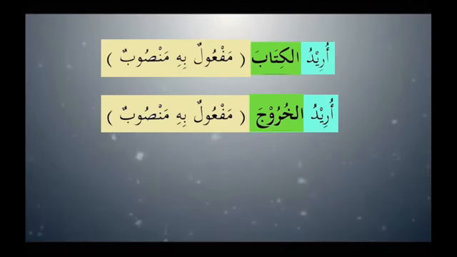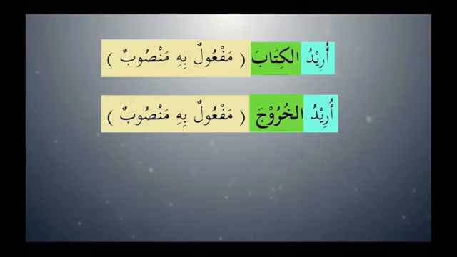So al-khuruj is the original masdar, but if we want to change this al-khuruj to masdar muawwal, which means an plus fi'l mudari', we need to see which verb it is coming from, which is kharaja yakhruju.